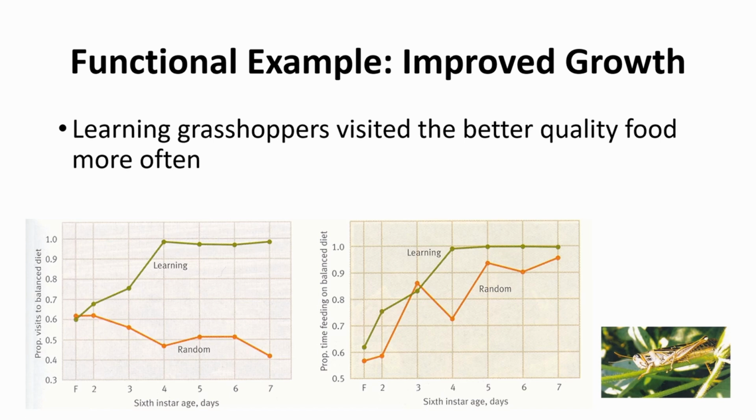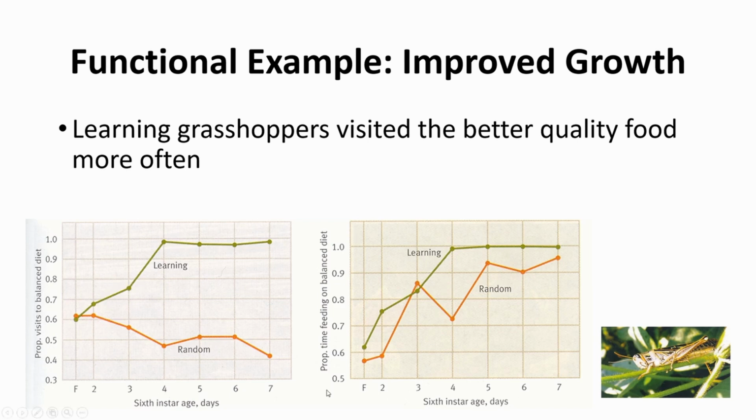They went to the more desirable of the food types. Whereas our random group, this orange line here, hovered right around chance levels. They both started around 0.6, but that isn't necessarily far enough away from chance levels that we should be concerned. And then everything kind of sits here. It's hard to tell what's a significant deviation without error bars and stuff, but we'll just keep that in mind.